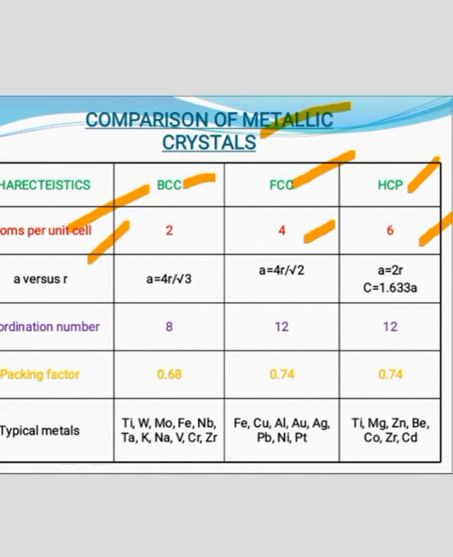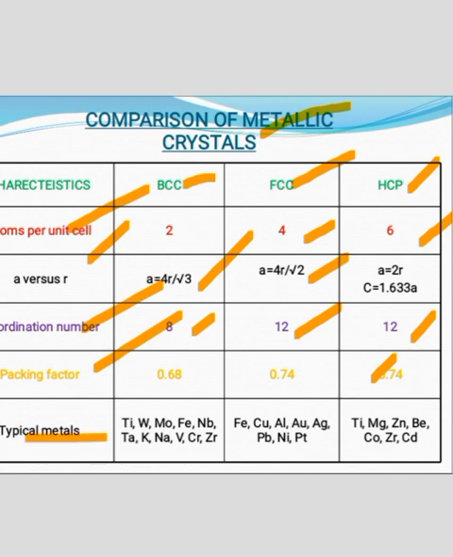A versus R: a equal to 4R by root 3, a equal to 4R by root 2, and a equal to 2R. Coordination number 8, 12, 12. So HCP has a coordination number of 12. Packing factor highest is 0.74, which is in face-centered and HCP.